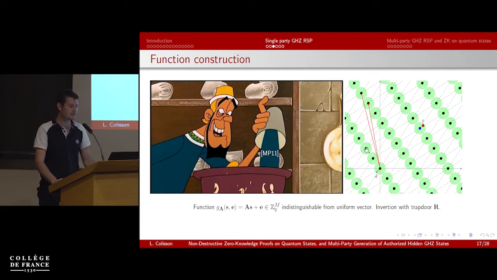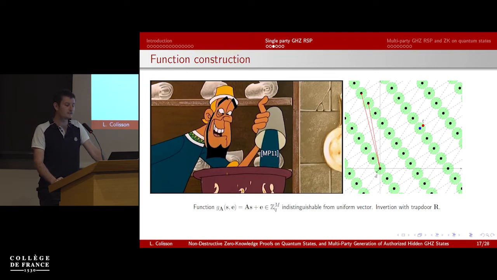Then when you move your point with this noise, you end up with a point, for example this T, which is close to a point of the lattice, but not exactly on the lattice. The problem is that you're given these red points, and your goal is to find the error E and the S, so basically the coordinates of this lattice point.